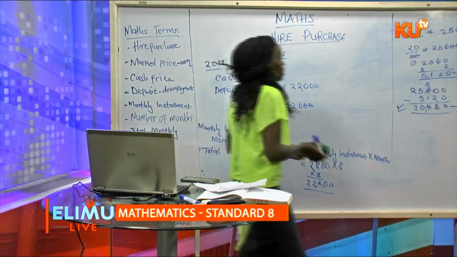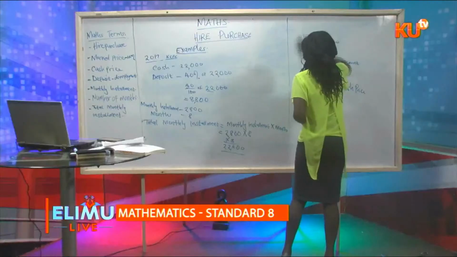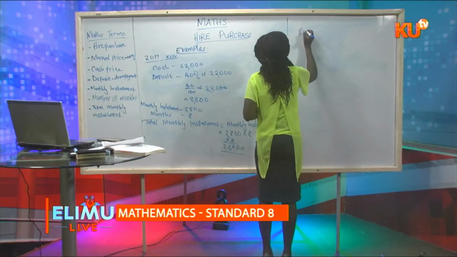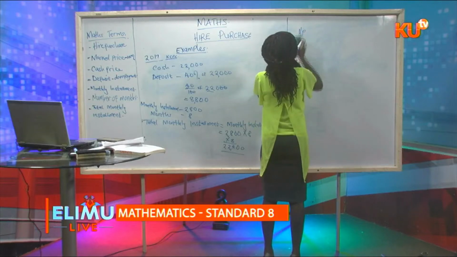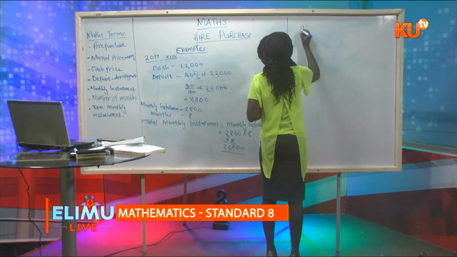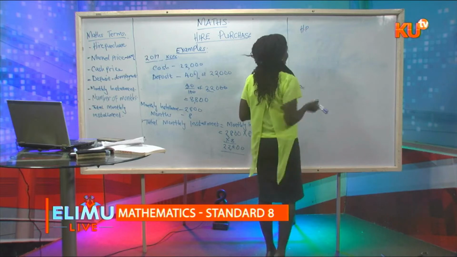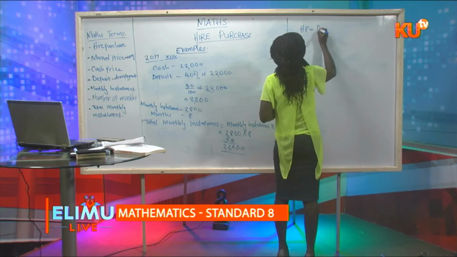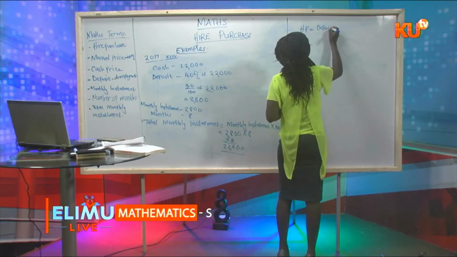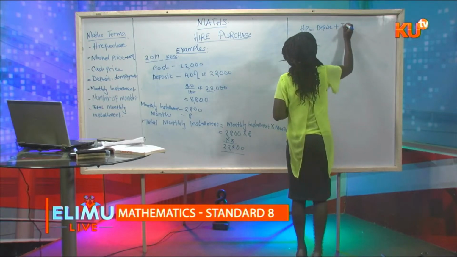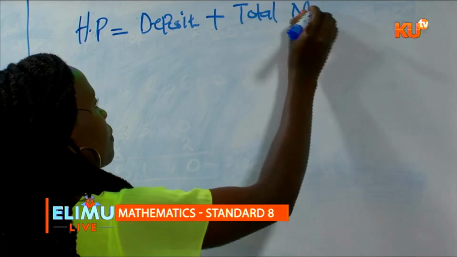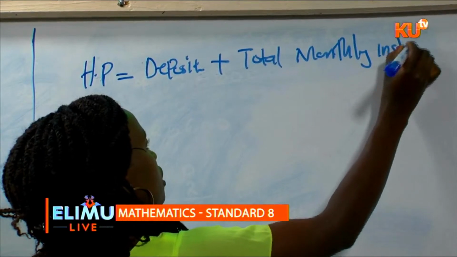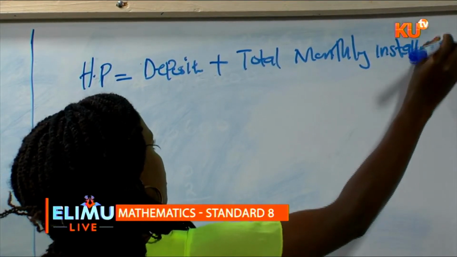Now we get the hire purchase. Allow me to shorten HP to stand for hire purchase. To get the hire purchase, we take the deposit plus the total monthly installment.